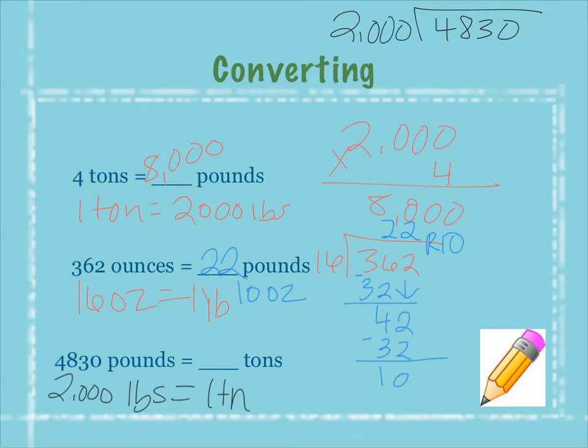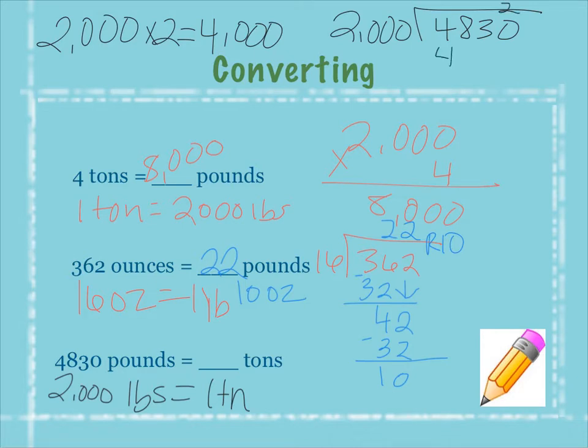Now, I know that this may look intimidating to you because we have not done 4 digits divided by 4 digits, but think about it logically. 2,000 times 2 is 4,000. So if 2,000 times 2 is 4,000, I don't think we're going to get any closer to 4,830. So that means it goes in 2 times.